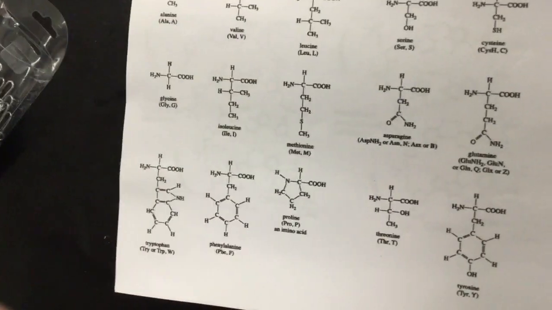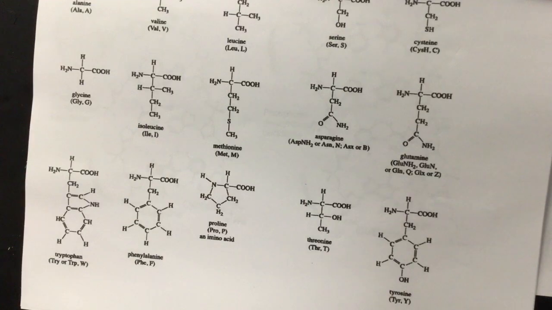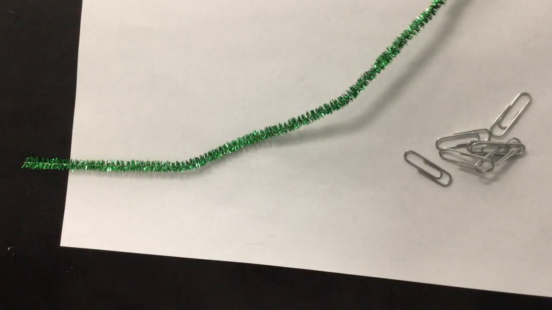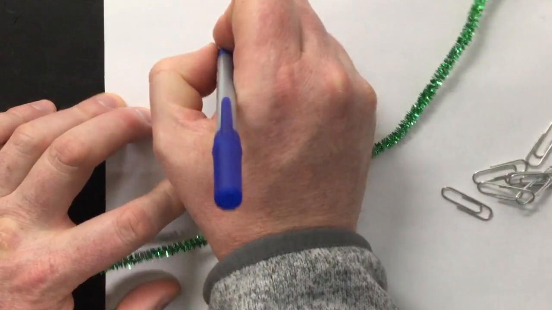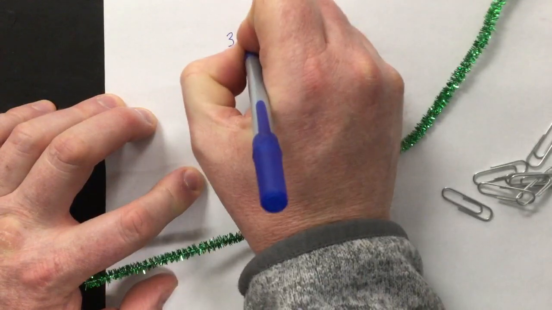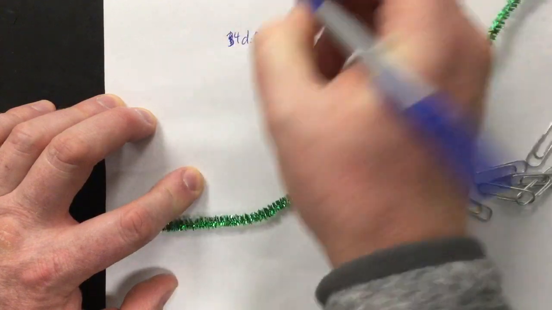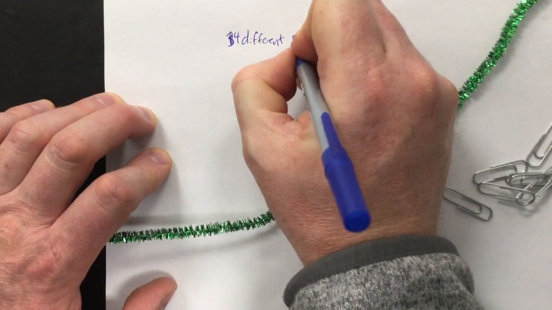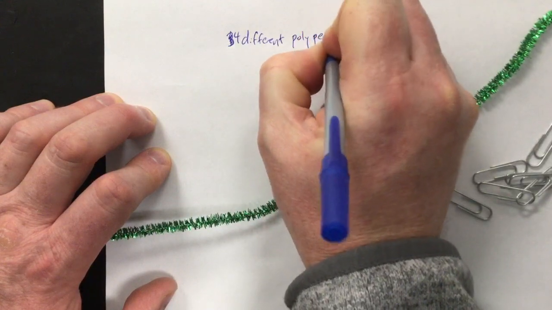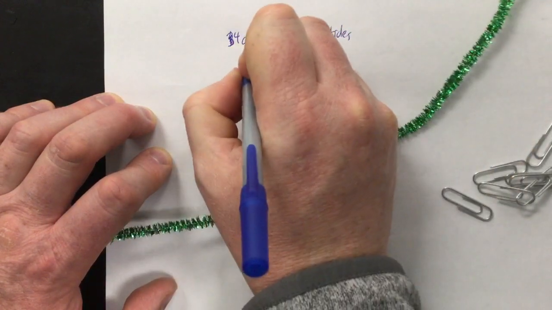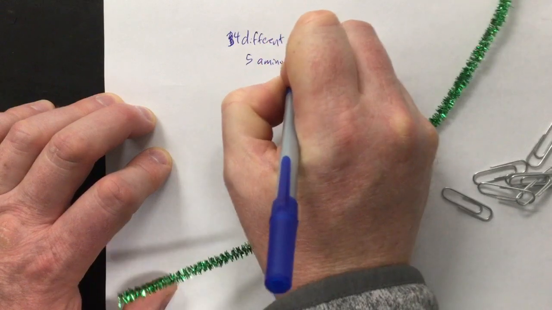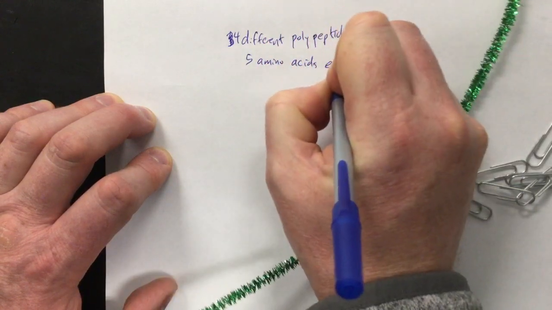Okay. So once we've identified this, the same amino acids are on here. Now you remember, there are 20 amino acids in all. Hay 20 ácidos en total, pero solo vamos a fijar en estos. What you need to do for your activity is make 3 different, I'll make it 4 different polypeptides with 5 amino acids each.